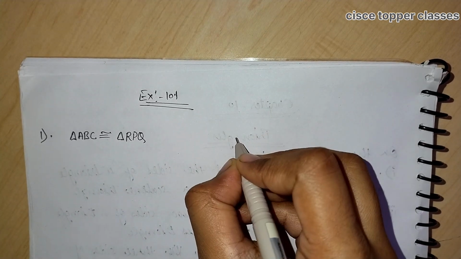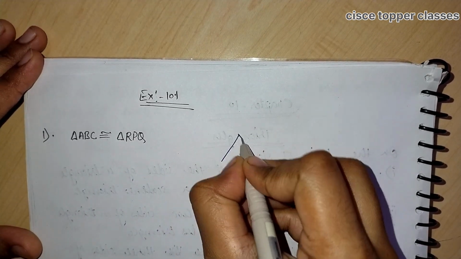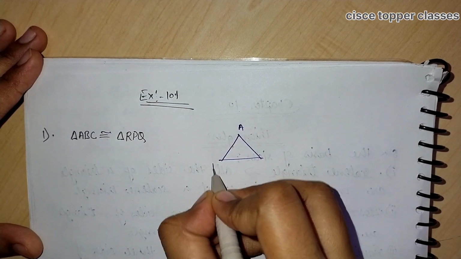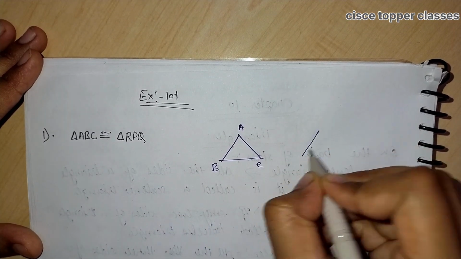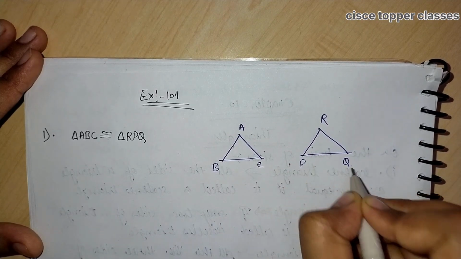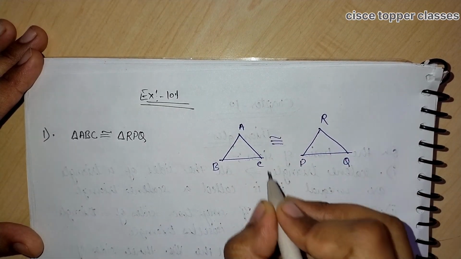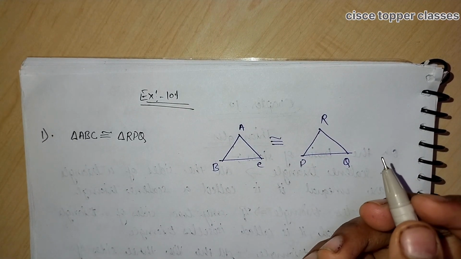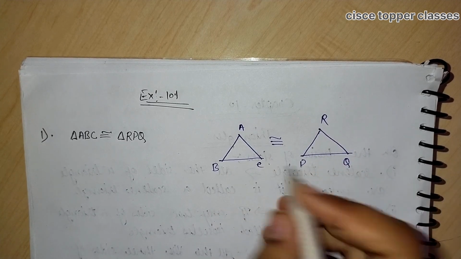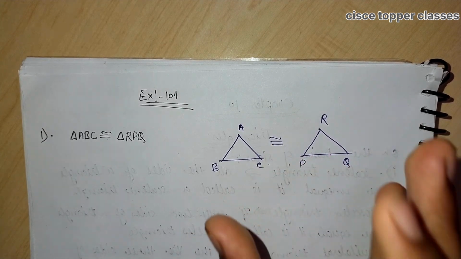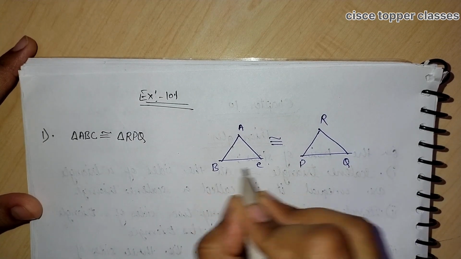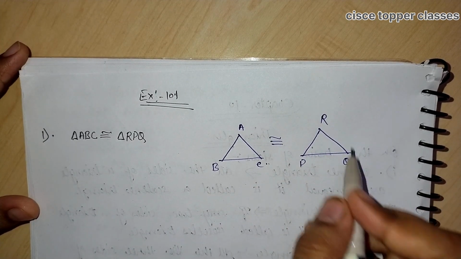Firstly we will make a triangle, let it be ABC, and the second triangle as RPQ. These are congruent triangles. So can we say that BC is equal to QR? No, because the corresponding sides should be equal in congruency. Means BC is equal to PQ, not QR.